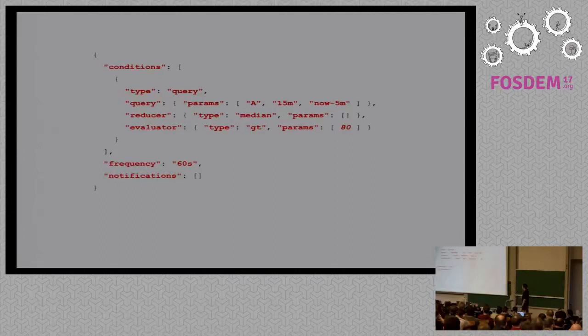And this is the model for the alert. So an alert contains conditions, and this can be an array of conditions. And whenever one of these conditions is met, well, you can have or statements or and statements. It depends on how you create your query.